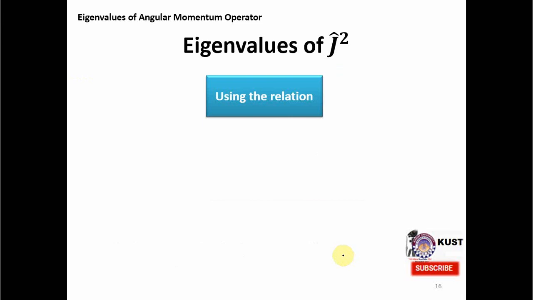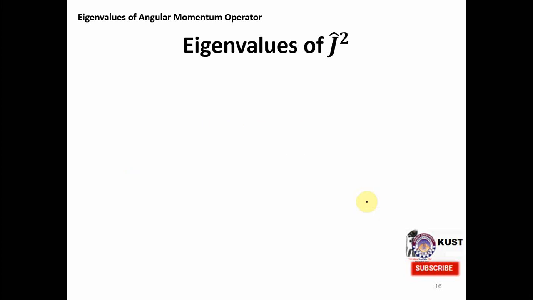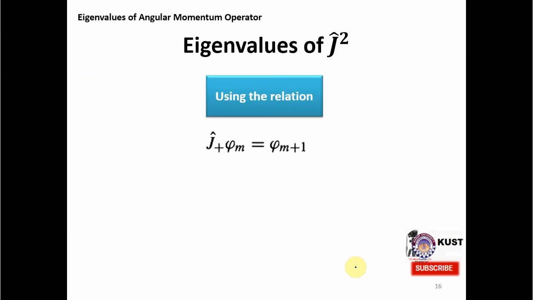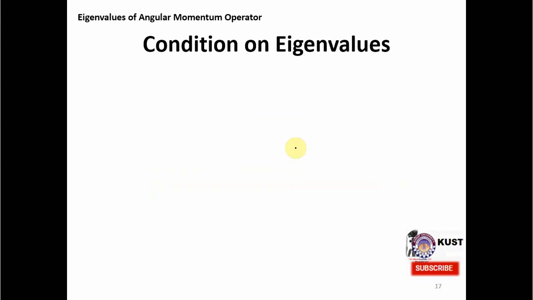Using this relation, that j plus acting on phi m is equal to phi m plus 1, we see that it is also an eigenfunction of j square, because j square acting on j plus phi m, and j plus phi m is equal to phi m plus 1, so that means that phi m plus 1 is also an eigenfunction of j square.